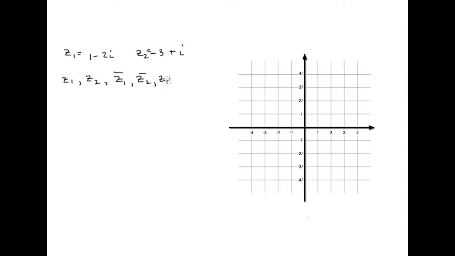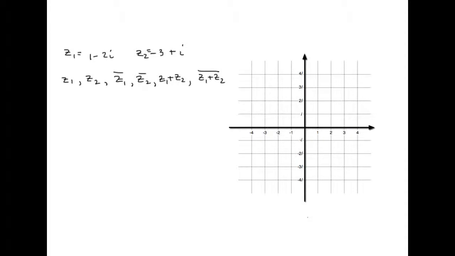Again, we'll put in the sum of z1 and z2, but also this time the conjugate of z1 plus z2. So go ahead and stop the video and try to plot the points, the associated vectors of these and the various combinations. Okay, let's see how you got on.